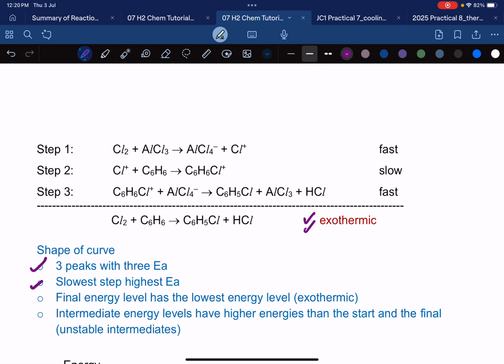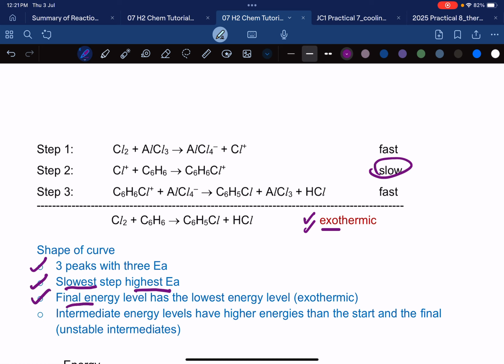Now the slowest step is slow because it has the highest Ea, so the highest activation energy must be there for the second step. Because this reaction is exothermic, this means that my product is going to be very stable. When it is formed, it is going to release a lot of energy.